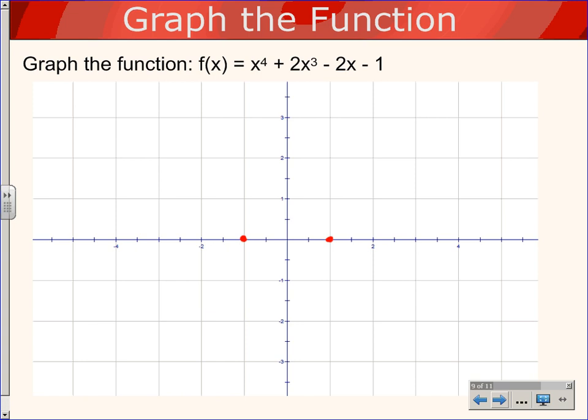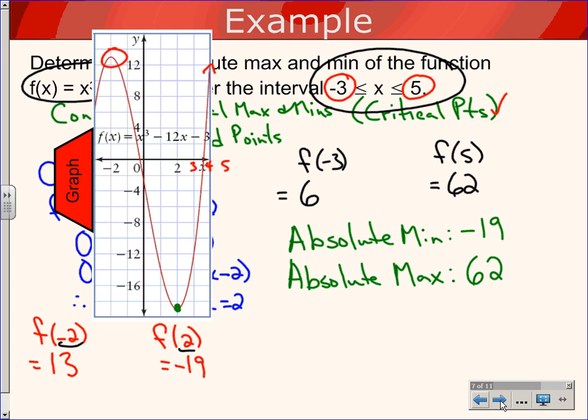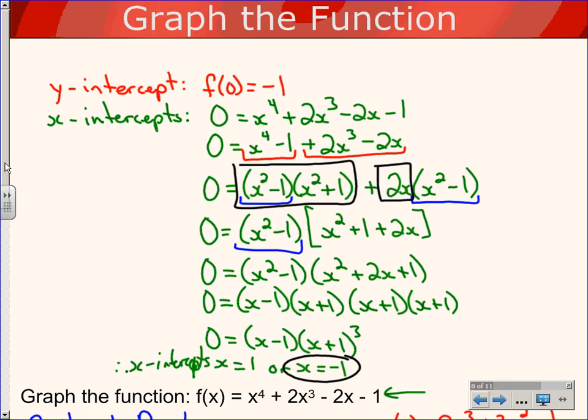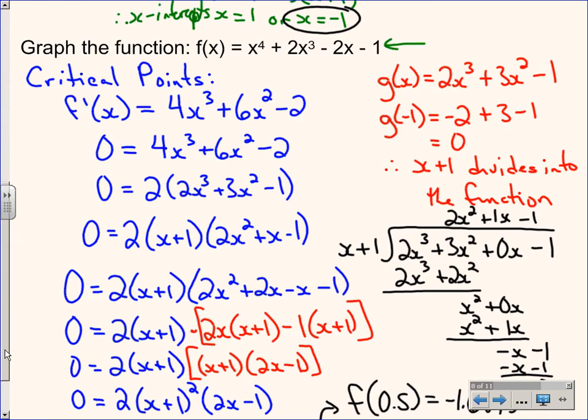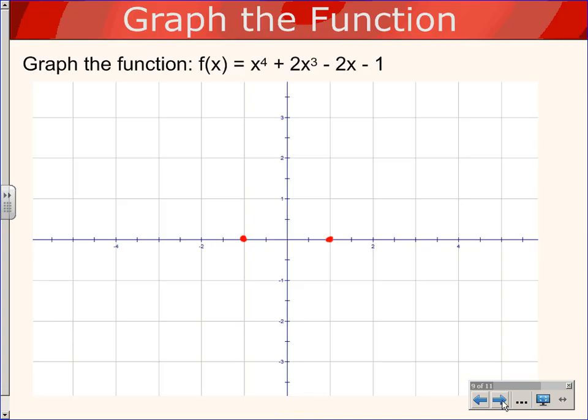And we just found that critical point, right? That critical point was at 0.5, minus 1.7.